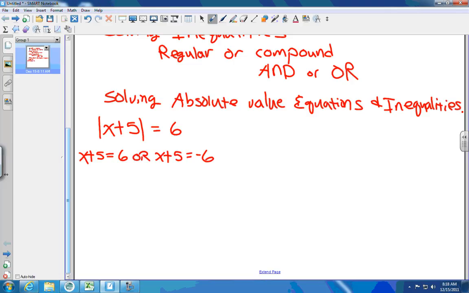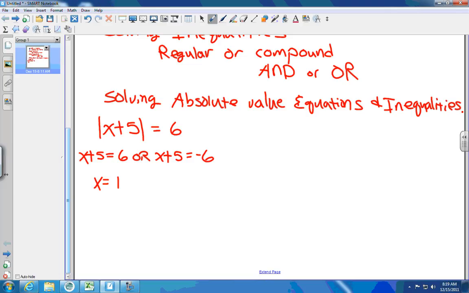You always have to do that with absolute value equations. This one we always get wrong. Some of you just look at that absolute value, subtract the 5, and you get x equals 1, which is correct, but that's only half the answer. And I can almost guarantee you this will be one of the possibilities, one of your multiple choice answers.